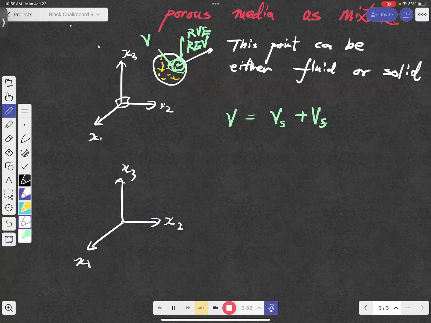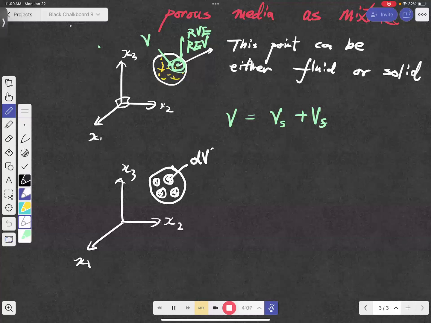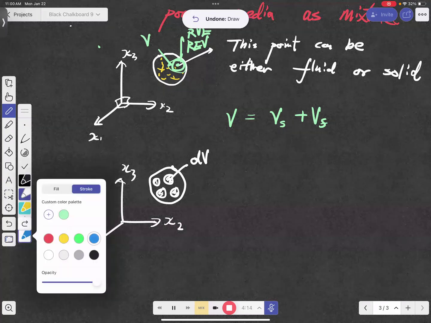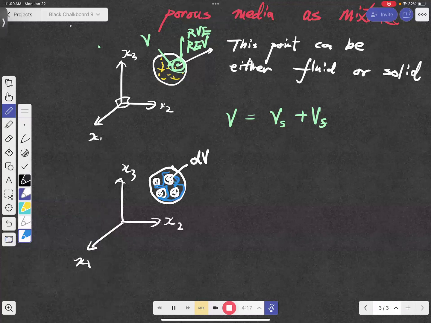Now I'm going to redo what we did, but instead I'll consider a bigger material and the part of it that is solid. And then I would consider a very small volume. The dVS is the solid, and the empty space, the blue area, is dVF.